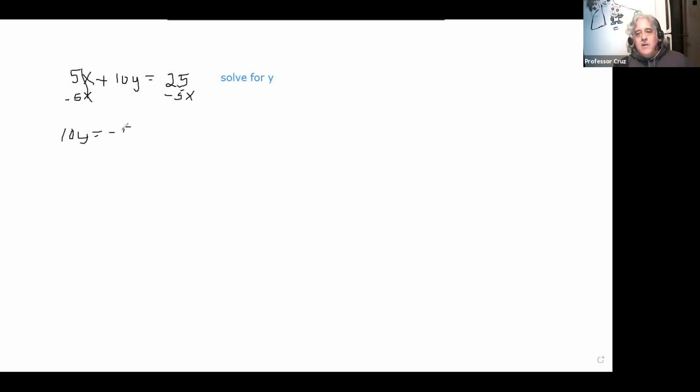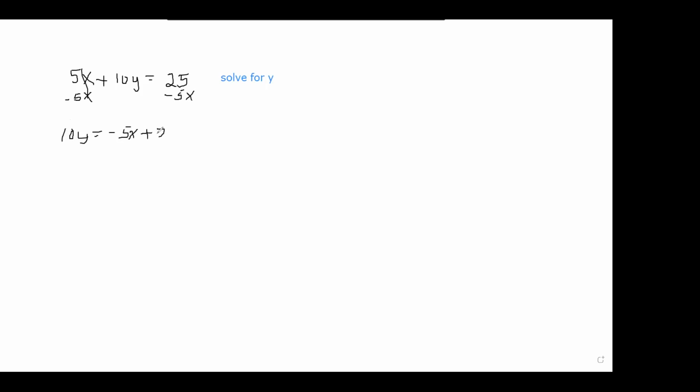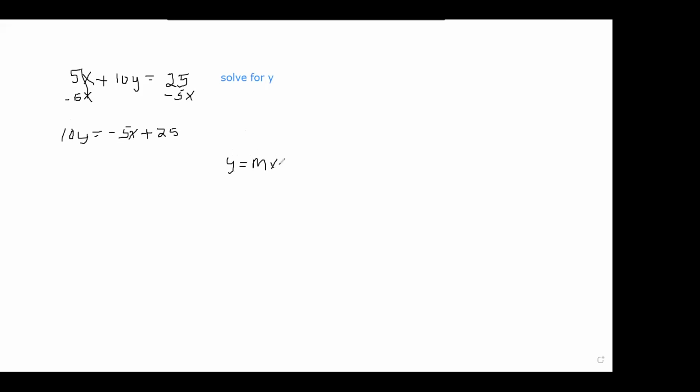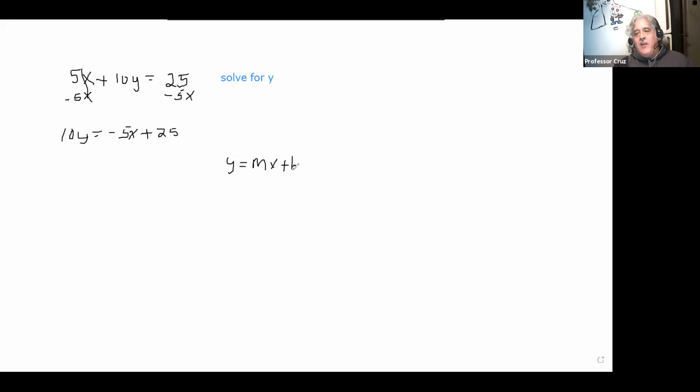It doesn't matter. I would recommend putting the negative 5x first, just for later, because there's something called y is equal to mx plus b. Once we solve now for 10y, go ahead and tell me what happens when you divide by 10.